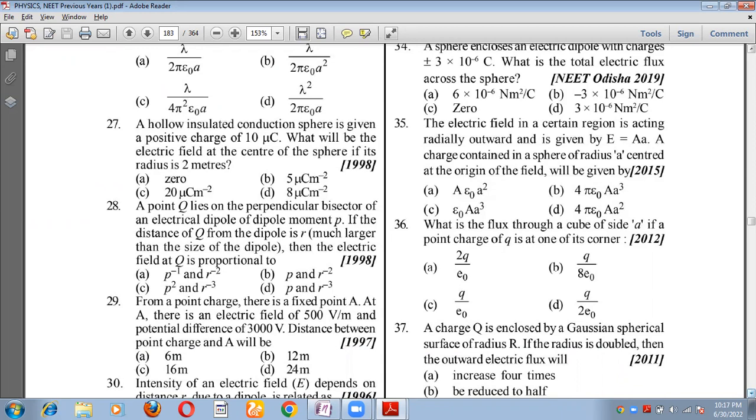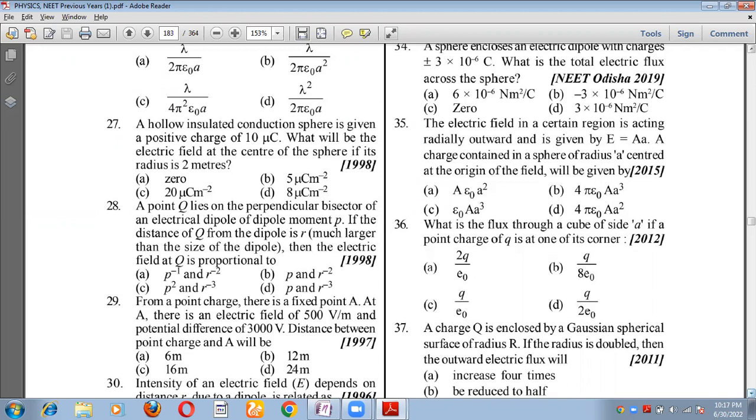A point Q lies on the perpendicular bisector of an electric dipole of dipole moment P. If the distance of Q from the dipole is R, much larger than the size of the dipole, then the electric field at Q is proportional to.